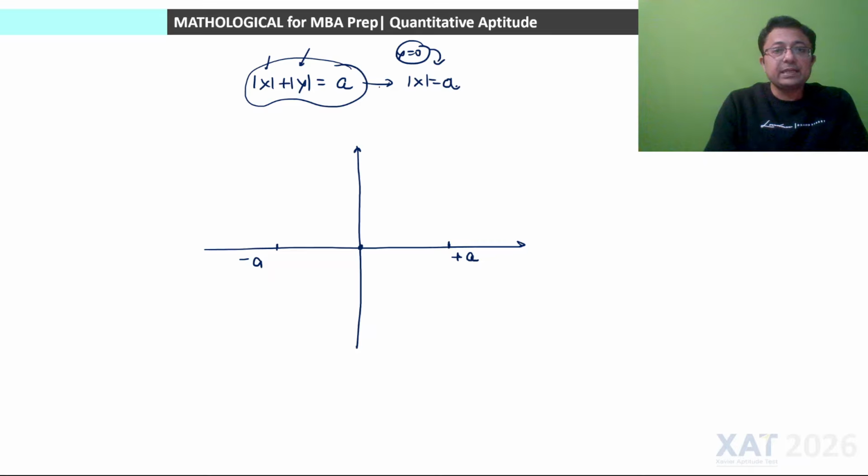Similarly, if we are taking x equal to 0, mod of x will be 0, so mod of y will be equal to a, so y will be equal to plus a and minus a. So the graph will be like this.